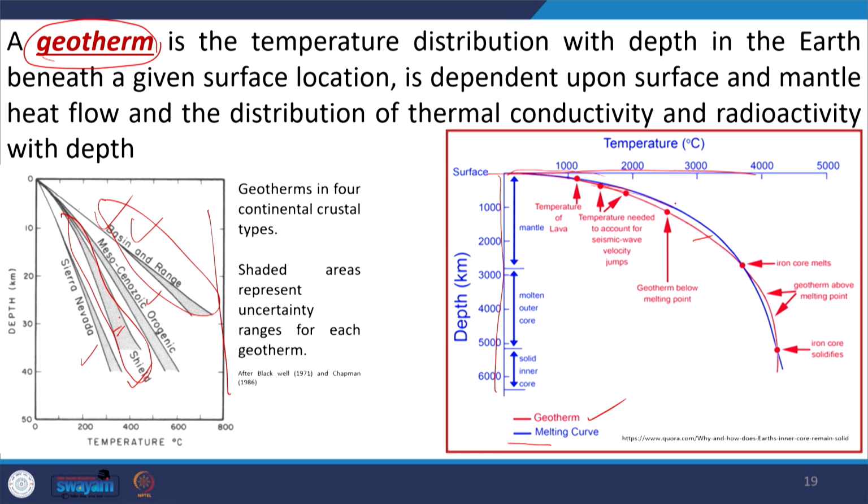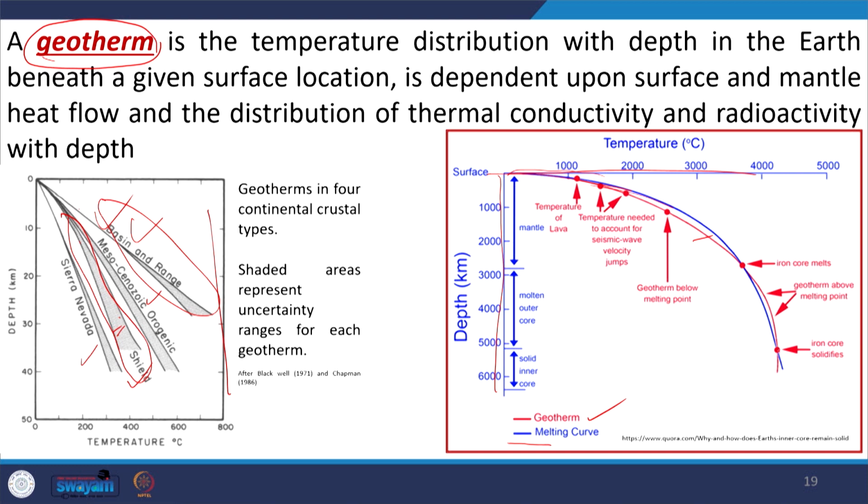Here you see the melting curve is higher than the geotherm. However, at the outer core and mantle boundary, the geotherm exceeds the melting point. That is why the rocks in this region, that means the outer core, are in liquid form as compared to the other parts.